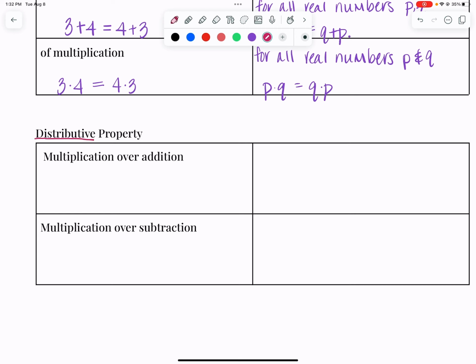When I hear distributive, I immediately think about things being distributed or given out. Given to everyone.